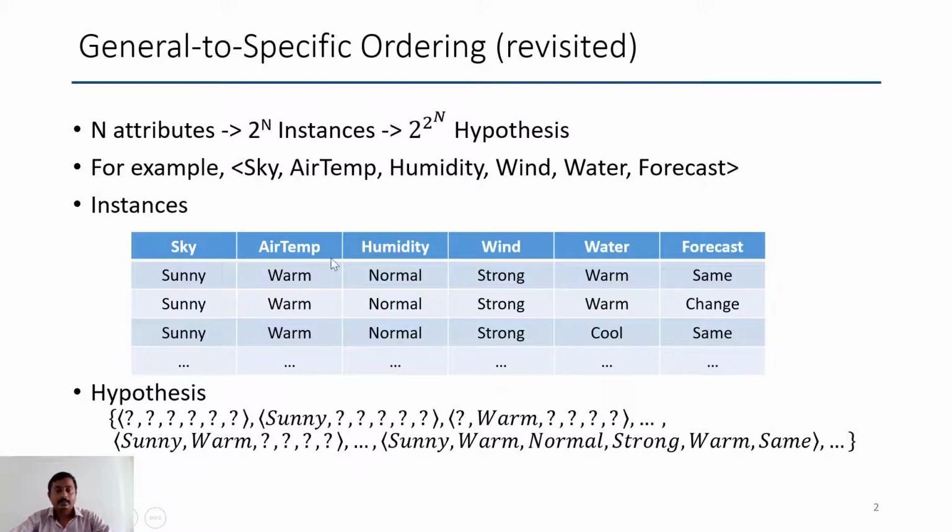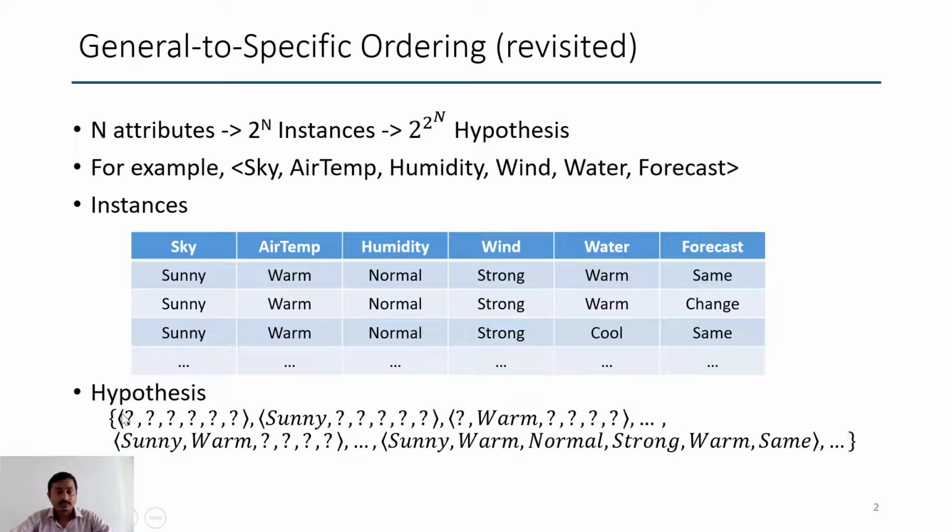Then from these many instances, how many hypotheses are possible? If you remember, a hypothesis is nothing but a function, right? Our concept learning is about on which days the person ABC enjoys his water sport.